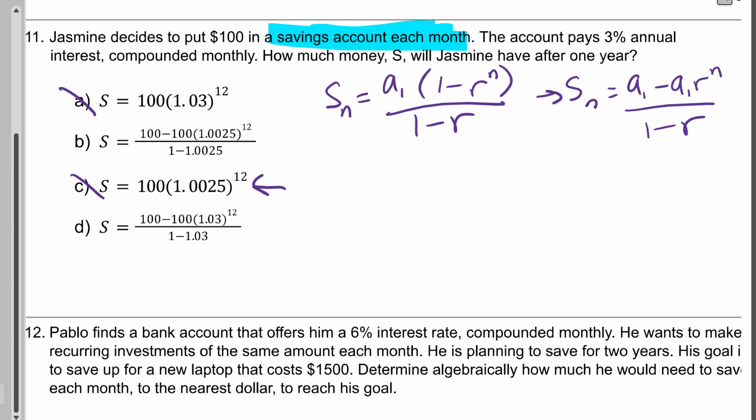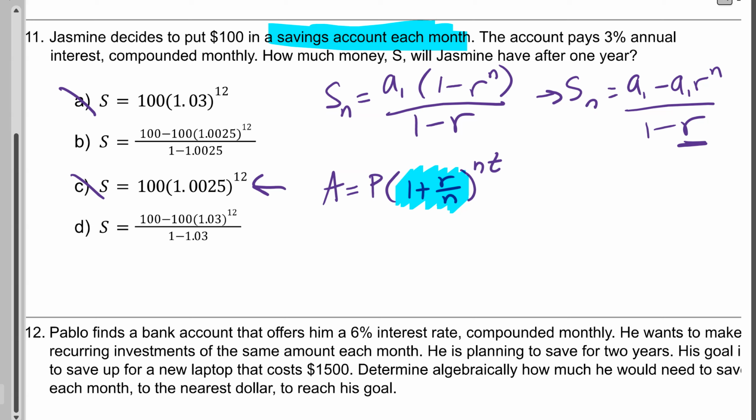Actually, C would get the amount that the first $100 is worth after 12 months, but I'm not interested in that, right? I want to add up all of these individual deposits, all of which are earning a different amount of interest. Now, to find my common ratio R, you might want to adhere to the compound interest formula, where this number right here controls what you're multiplying that principal by over and over again each time you earn that interest every month, right?